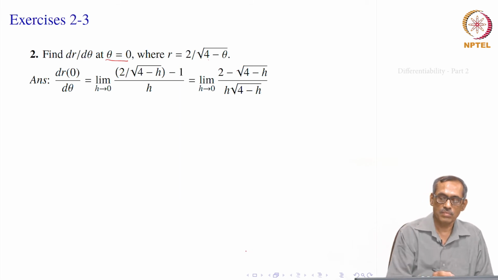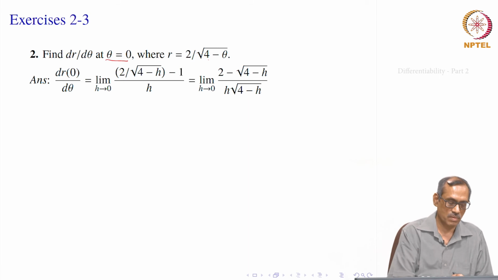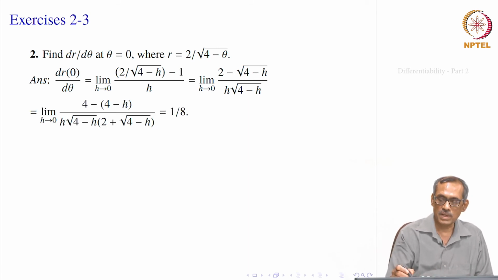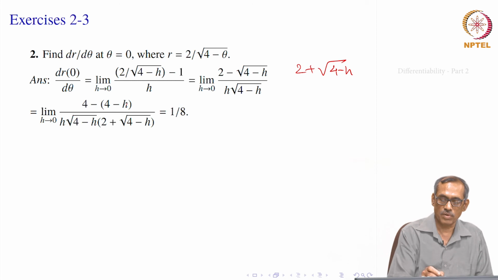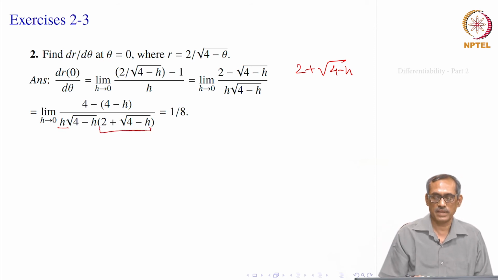Again we may have to multiply by a similar thing, so that this h will be removed. So, we multiply 2 plus square root of 4 minus h on the top and on the bottom. So, the top becomes 4 minus h, and the bottom becomes h into square root of 4 minus h into 2 plus square root of 4 minus h.